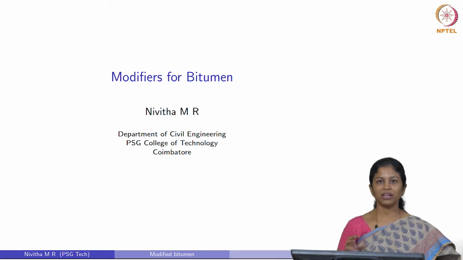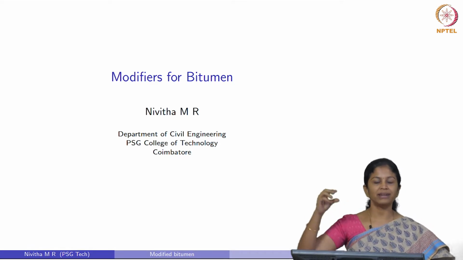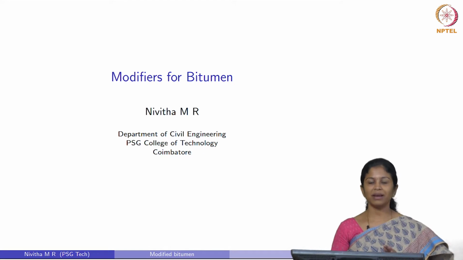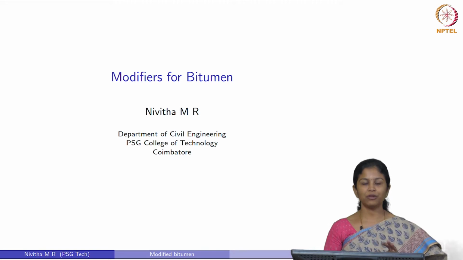In those locations we want to minimize the rutting in pavement. Then we add a certain class of modifier to minimize rutting. What we need to do here is add a modifier which will improve the stiffness of this bitumen at high temperatures. Similarly, we have different aspects of bitumen, and for each of those aspects we have different modifiers which can be added. So, this is one perspective.